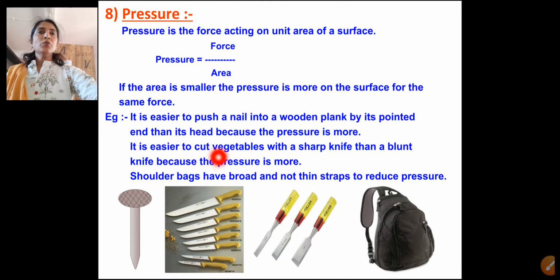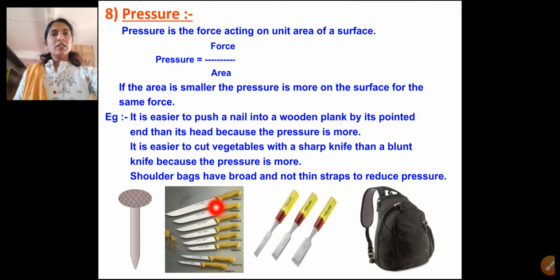Then another example is given there. It is easier to cut vegetables with a sharp knife than a blunt knife because the pressure is more. If you see here in the picture, the knife is shown.